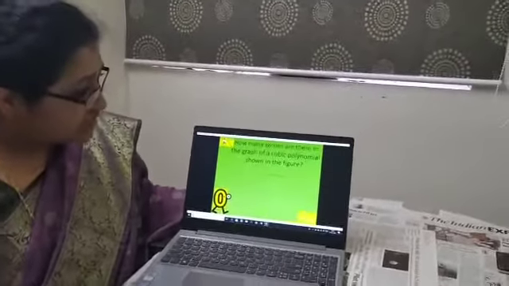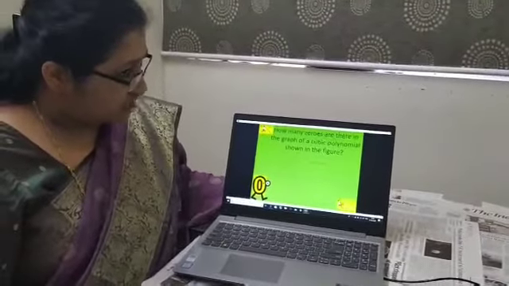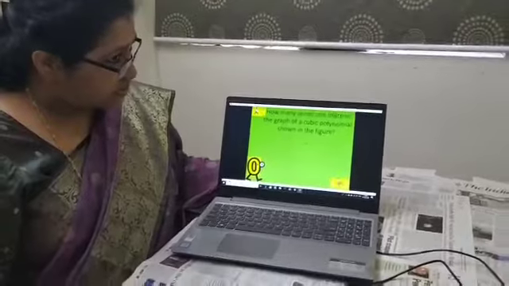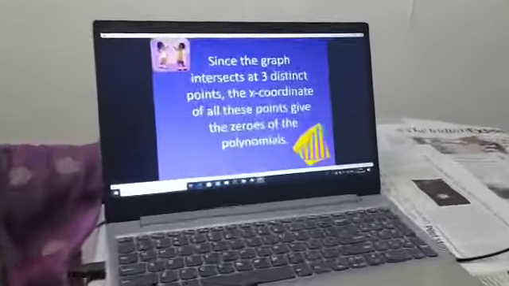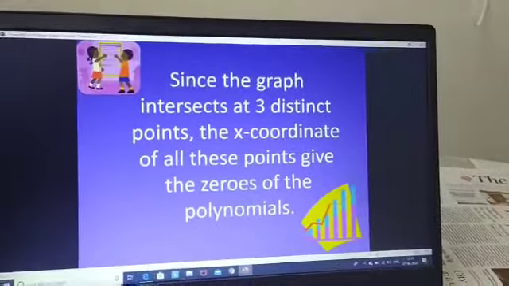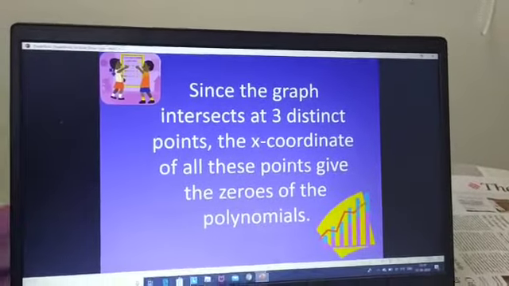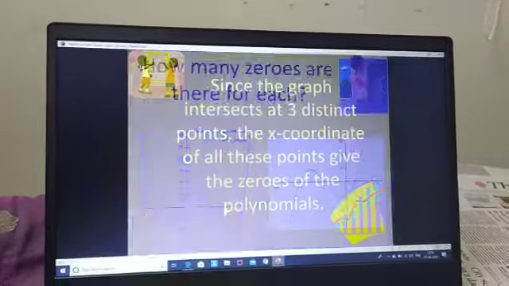If it is a linear polynomial, it can have only one zero. If it is a quadratic polynomial, it should have 2 zeros. And if it is a third degree polynomial or a cubic polynomial, it should have 3 zeros. Now just read this. Since the graph intersects at 3 distinct points, the x-coordinates of all these points give the zeros of the polynomial. I think it's clear for you now.